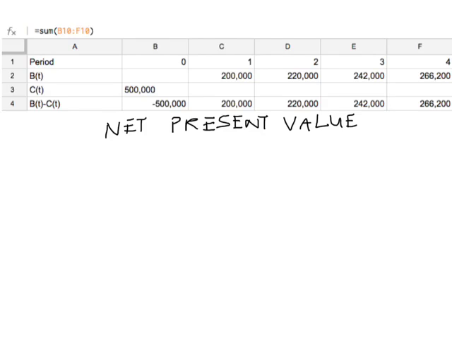So this is your benefit stream, period 1, period 2, period 3, period 4. And down here I took the benefits minus the costs, and had your net benefit in this row. It's undiscounted, but it's sort of handy.